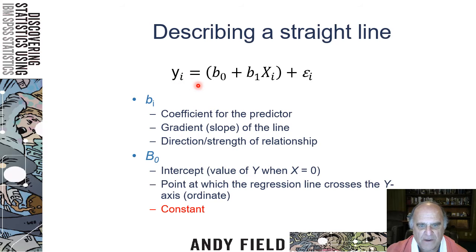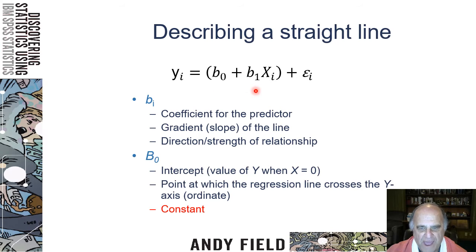And it's going to be equal to the b weight for the constant, which is just going to be a single number. That's also an intercept, or the value of y when x is 0, or the point at which the regression line crosses the y-axis, or ordinate.